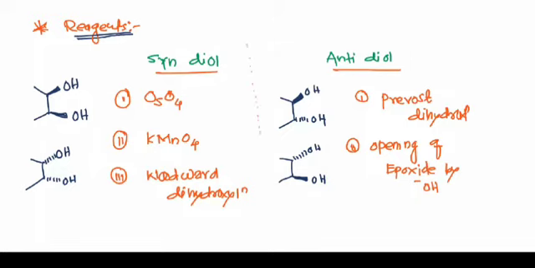Before that, you must know about the syn and anti-diol and what reagents are required for that: OsO4, KMnO4, and Woodward. The OsO4 and KMnO4 have a similar mechanism, while Woodward and Prevost also have a similarity. Let's see how syn and anti-diols are prepared.